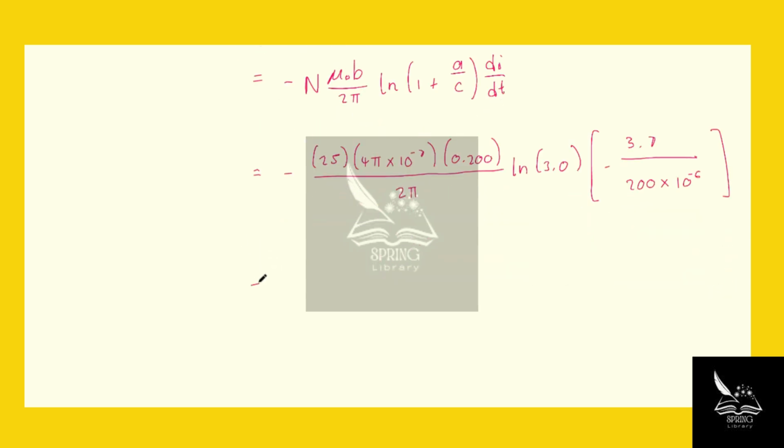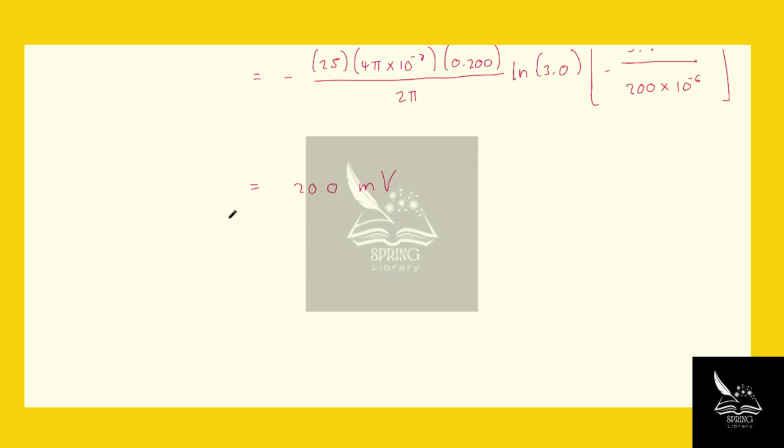Since all our values are in SI units, we get the induced EMF epsilon to be positive 20 millivolts. So if we have the EMF, we can find the induced current in the small loop.